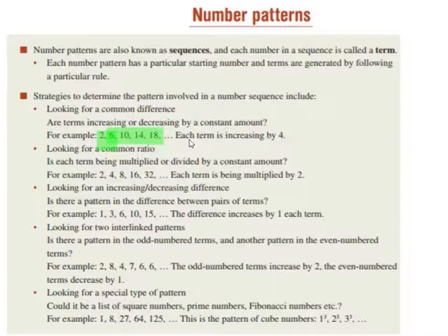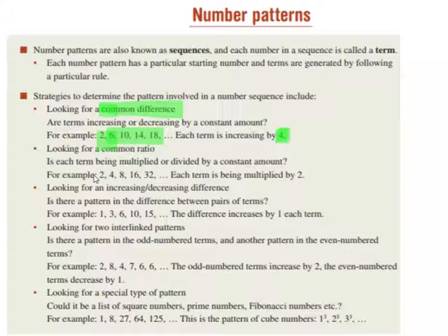Each term is increasing by 4. This 4 is called a common difference. The common difference could be negative, which means the pattern goes down, or positive, which means the pattern goes up.